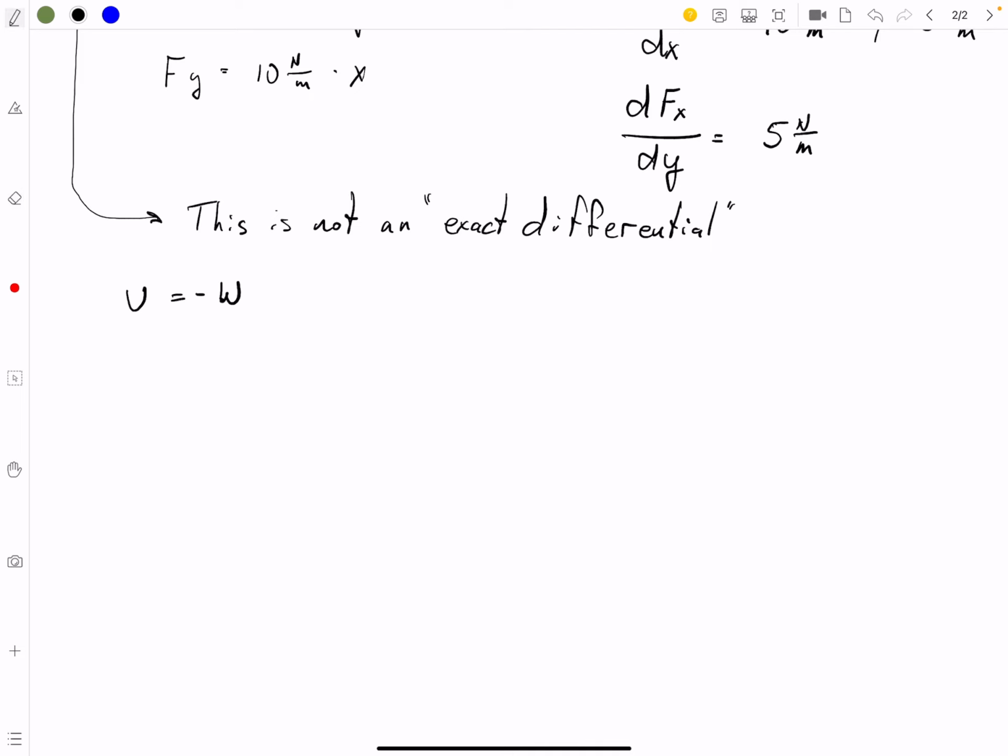That implies that dU is equal to minus dW. And that dW is equal to minus our force times our displacement dl, whatever random direction we're going to go, dx, y, z, whatever.